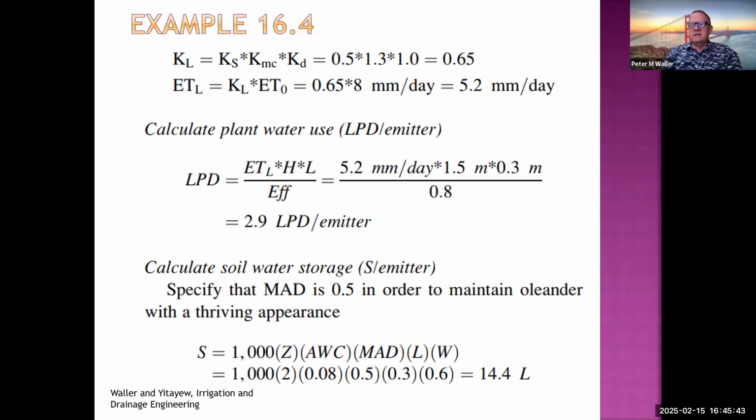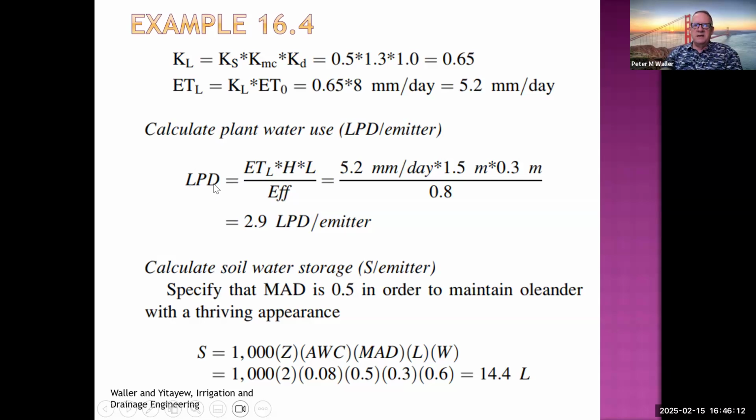So in this case, the landscape coefficient is 0.65 because the microclimate was 1.3 and the species is 0.5. And the evapotranspiration rate is 8 millimeters per day. I forgot to mention that. That's the evapotranspiration rate for this oleander. And so we have a landscape evapotranspiration rate of 5.2 millimeters per day.